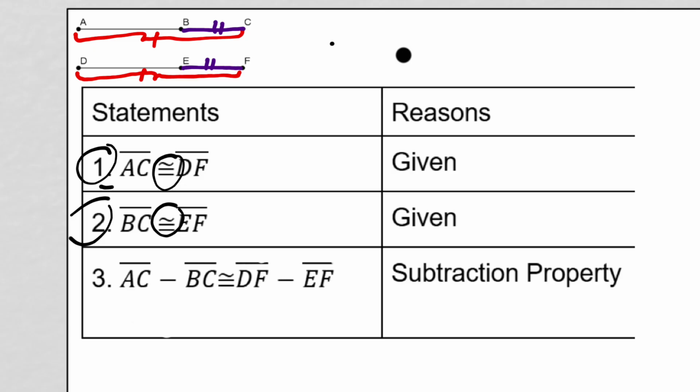That's really what you can say with the subtraction property, but I'm going to now let you jump to the conclusion, because AC minus BC is AB, and DF minus EF is DE, so we could say that also. And that's how the subtraction property gets used.